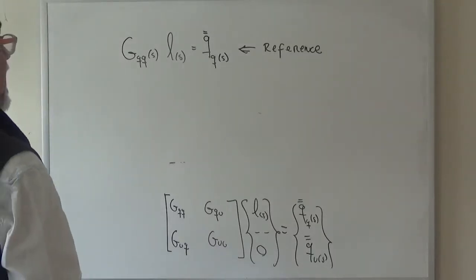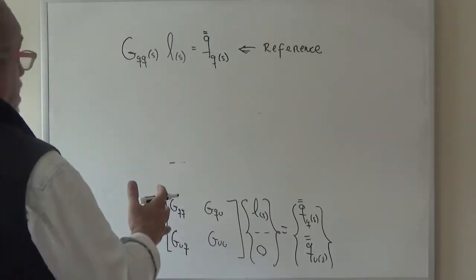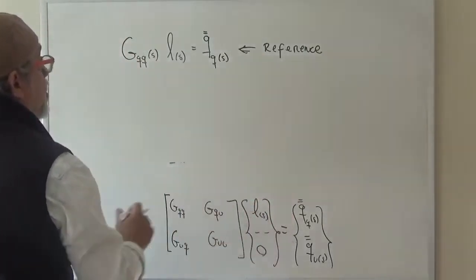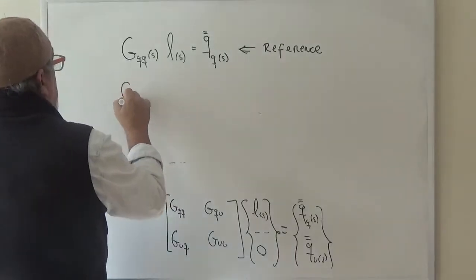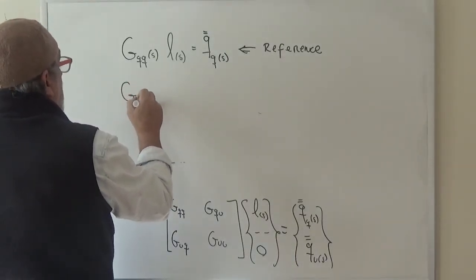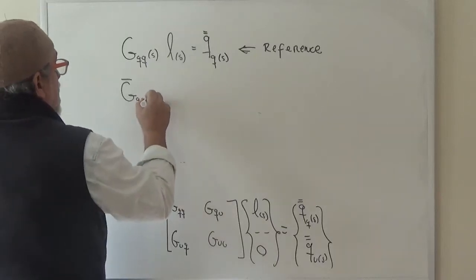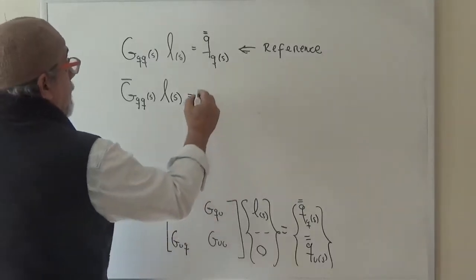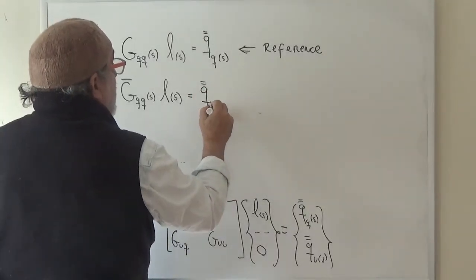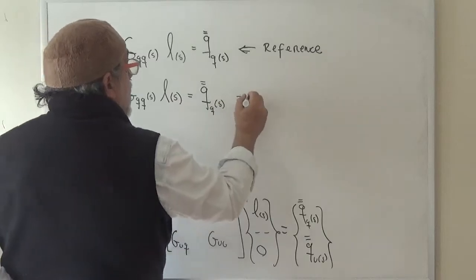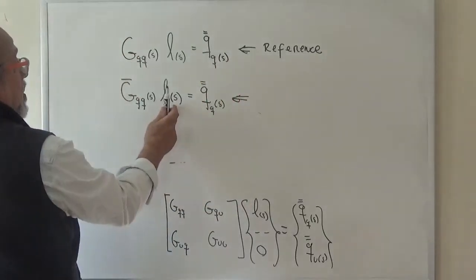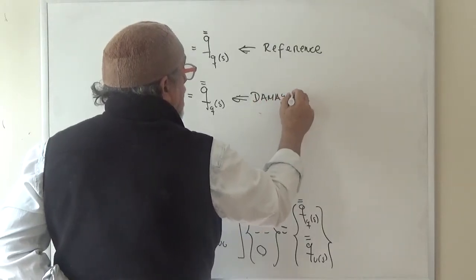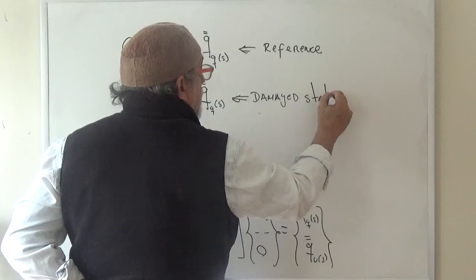Now, I can say that in the damaged state, because everything applies equally to both, these loads are the same and the response is the same. I can write G measured-measured with an ultra bar to denote damage. So in the damaged state, this equation holds, and this is exactly the same because we've already argued that the response is identical when we have the loads L of s.